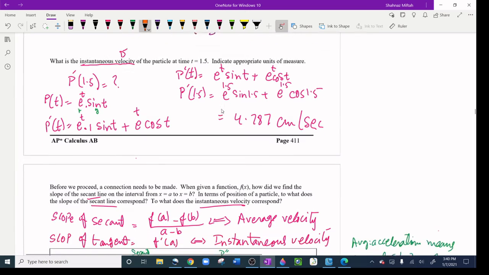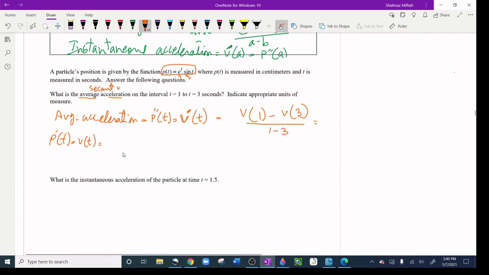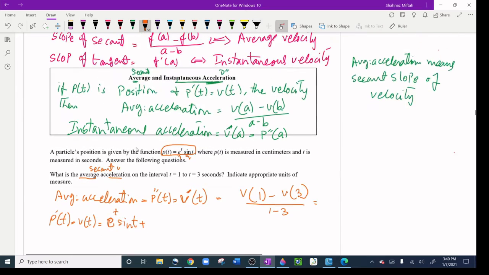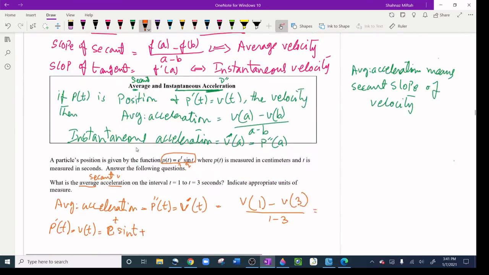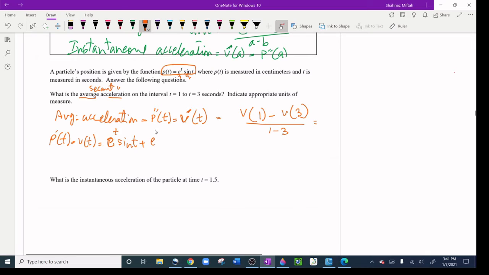So it's going to be e to the t sine t plus e to the t cosine t, plus e to the t cosine t. So that's my derivative. We already have that. Now I'm going to plug in 1 and 3 in this v of t, and it will give me the answer negative 10.403.